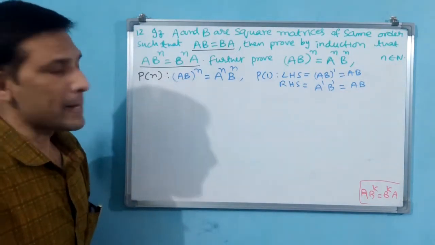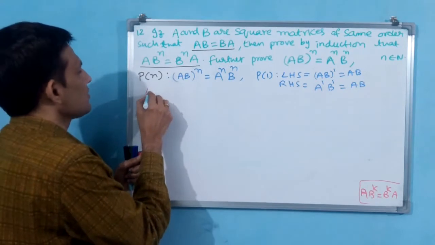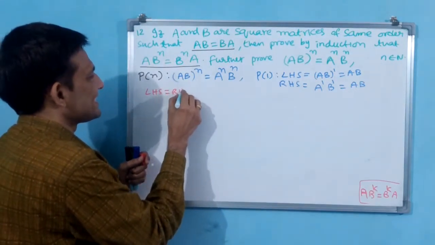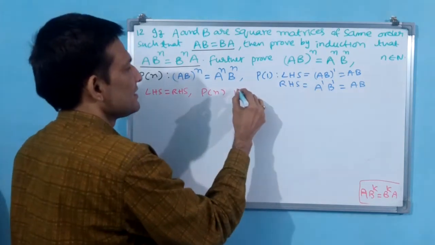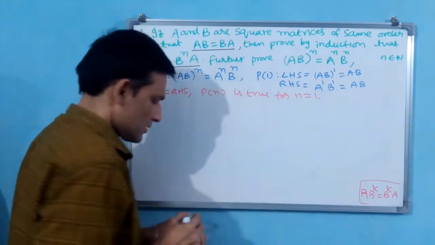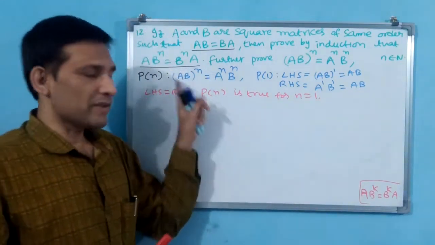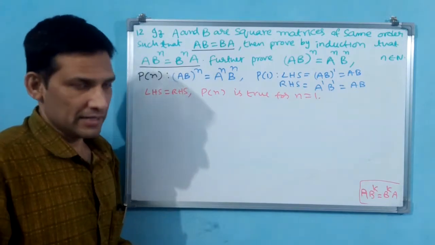Okay, now write down what you have to write: LHS is equal to RHS. P of n is true for n is equal to 1. See, for n is equal to 1, P of n is true, but for the remaining numbers we don't know whether it is okay or not.